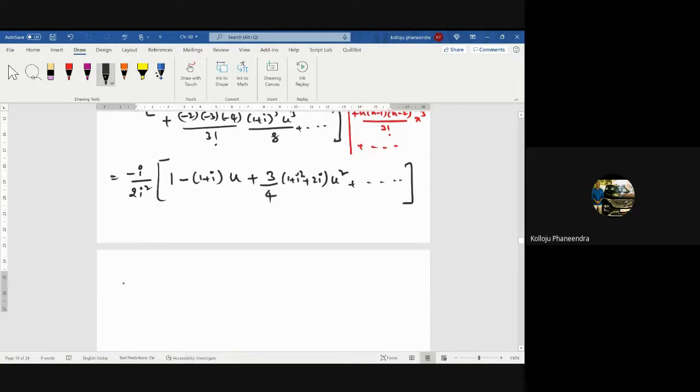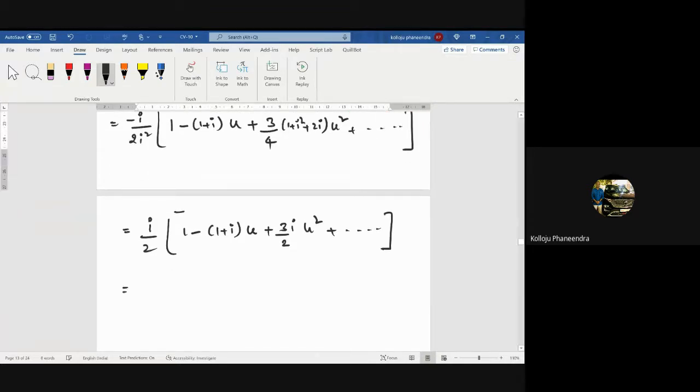So what is this? This is equal to i by 2, 1 minus (1 plus i) into u, right? Plus, these 2 get cancelled, plus 1, this one gets cancelled, 2 2s, that is 3 by 2, i u square, and so on.